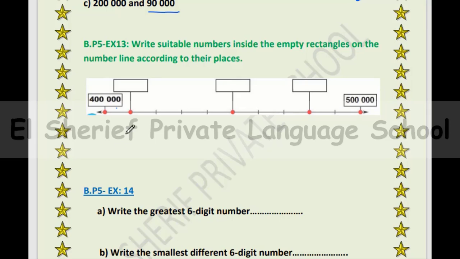Okay, we will count the spaces between them. Here we have 1 2 3 4 5 6 7 8 9 10. We have 10 equal spaces.